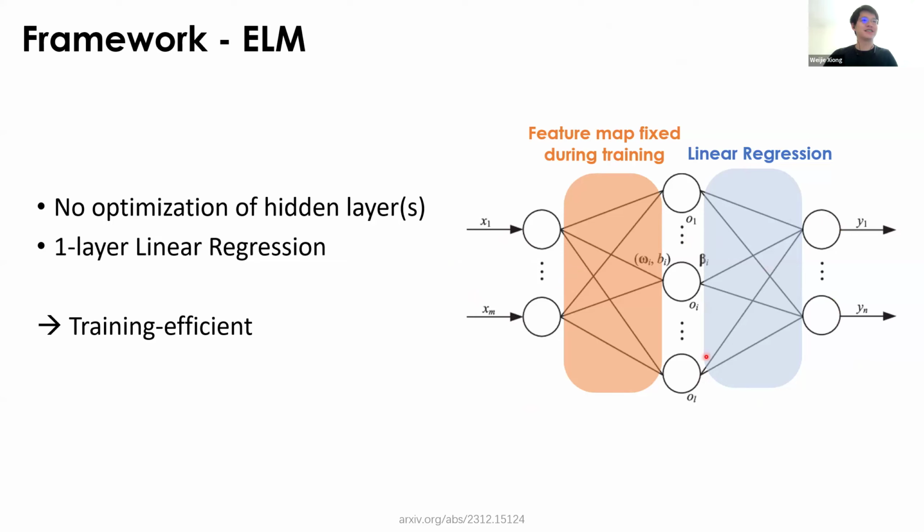It's only a single layer of linear regression between the hidden layer and the output layer, and the parameters of the map between the input layer and the hidden layer are fixed. So they are kind of hyperparameters. Then the optimization is just a convex optimization problem. The training is super efficient and the trainability is also guaranteed.